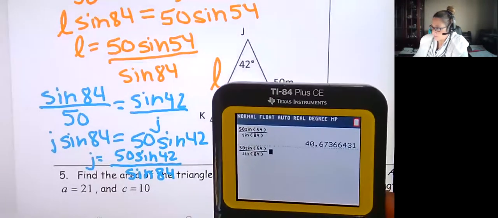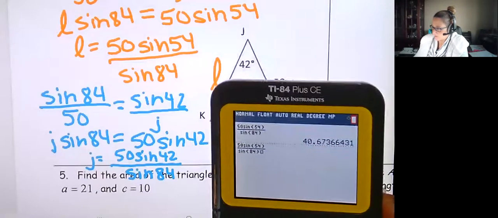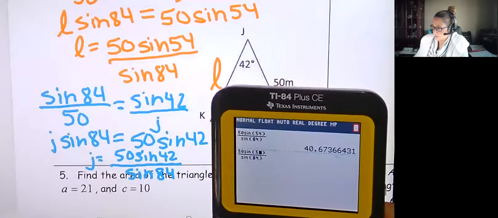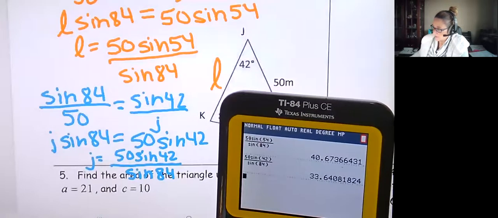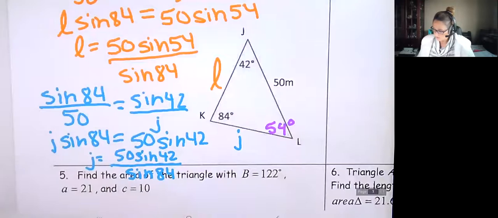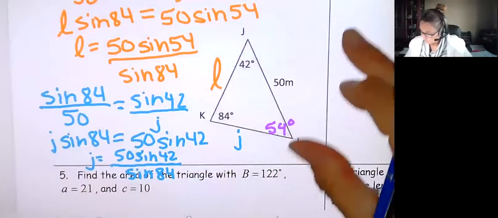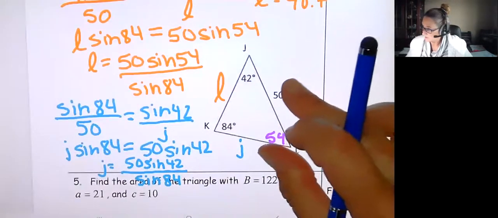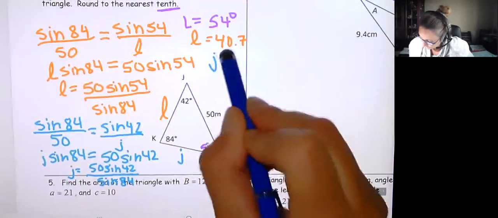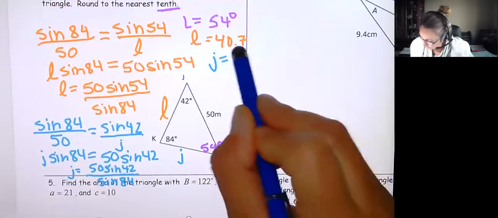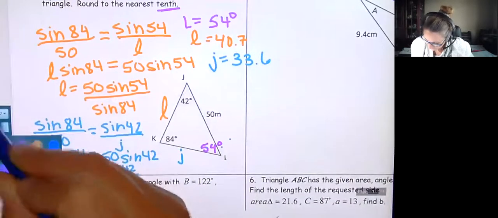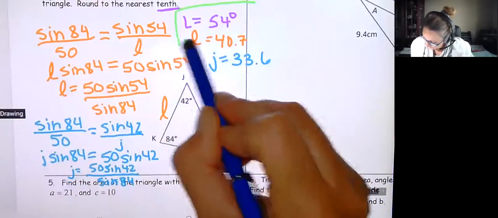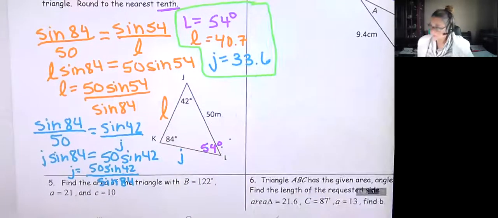And instead of this being a 54, I need it to be a 42. And I end up with a 33.6. So my J is going to be 33.6. And those are our answers.